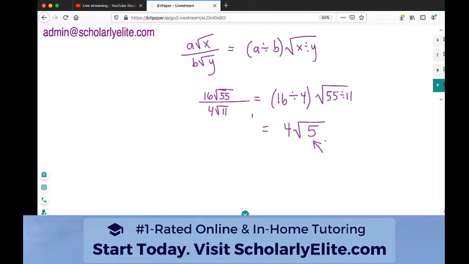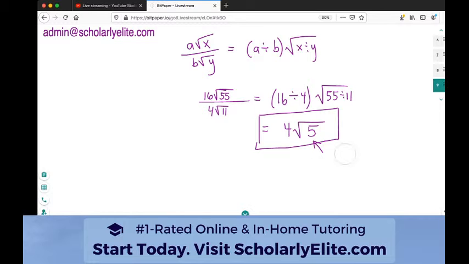In this case, it is the final answer, obviously. But in situations where the radical can be further simplified, it would not be the final answer, and you would have to continue to simplify it, even though you've already done the division.